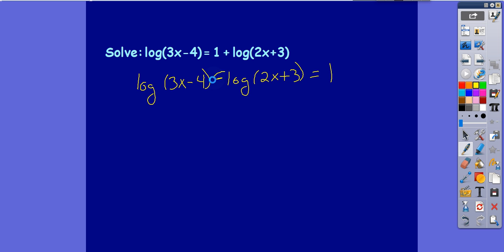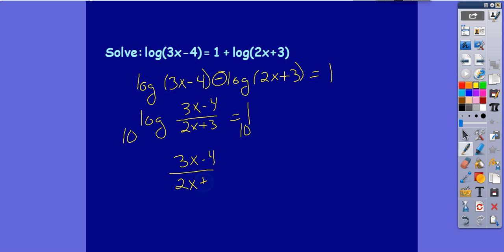And then subtraction combines as division. 3x minus 4 over 2x plus 3 equals 1. And we need to raise 10 to both sides. So 3x minus 4 over 2x plus 3 equals 10 to the first, which is 10.